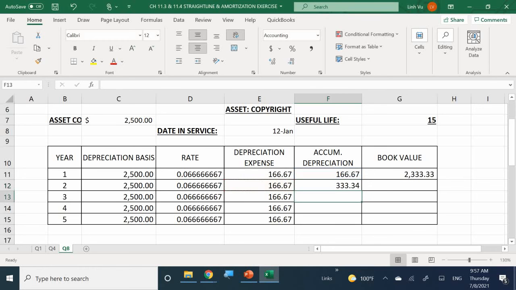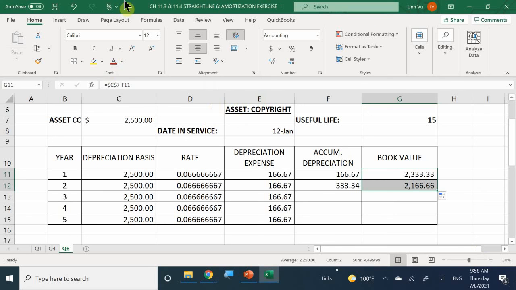Is it 333.34? Making my book value, what's my book value? 2,166.66. Good. All right.